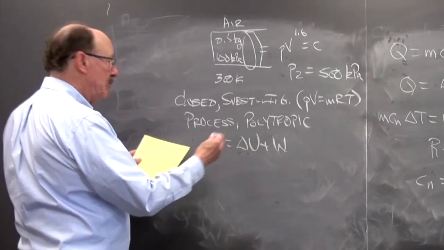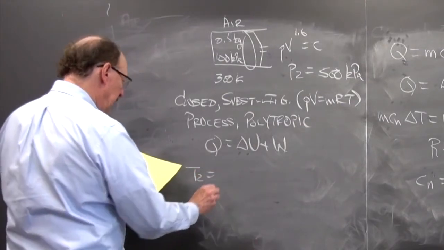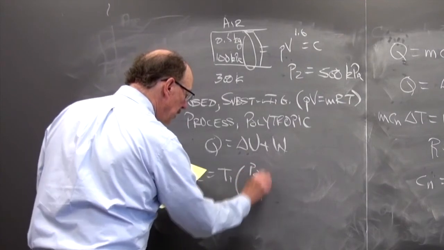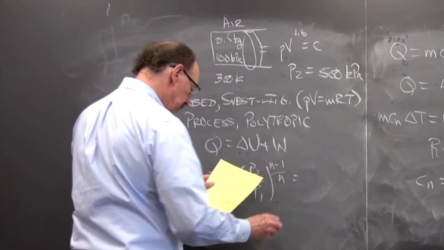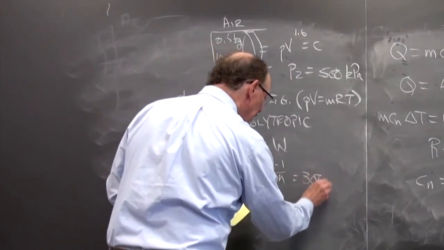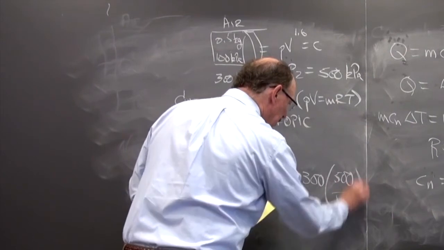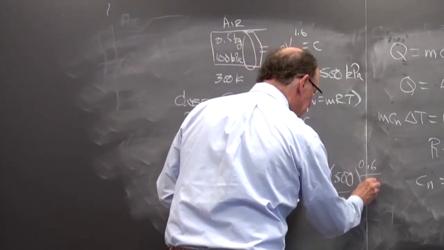Using the relationship for T2, T2 is equal to T1 times (P2 over P1) to the (n minus 1) over n, which is 300 times (500 over 100) to the 0.6 over 1.6.